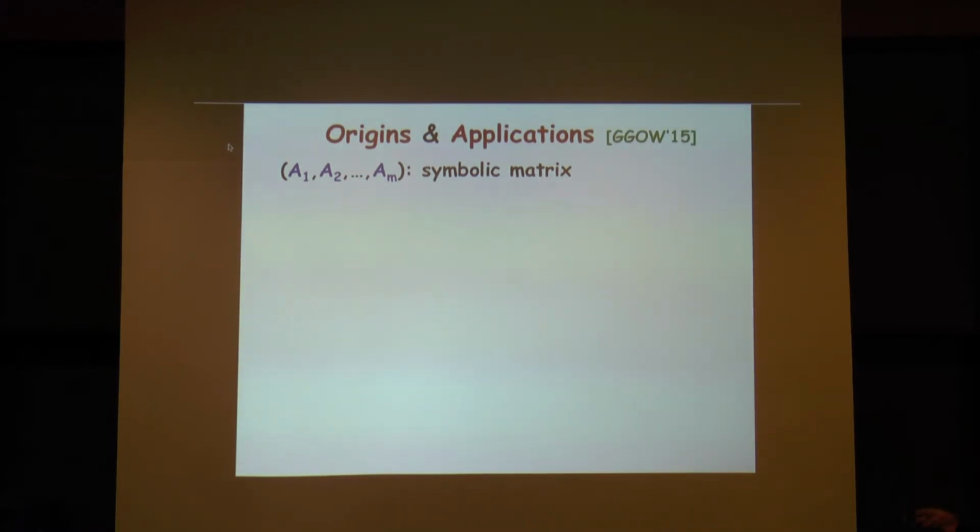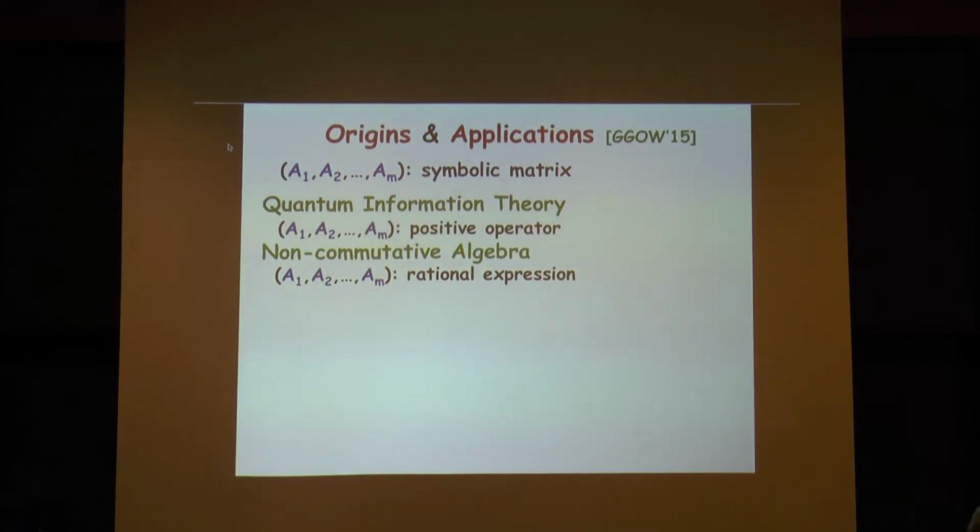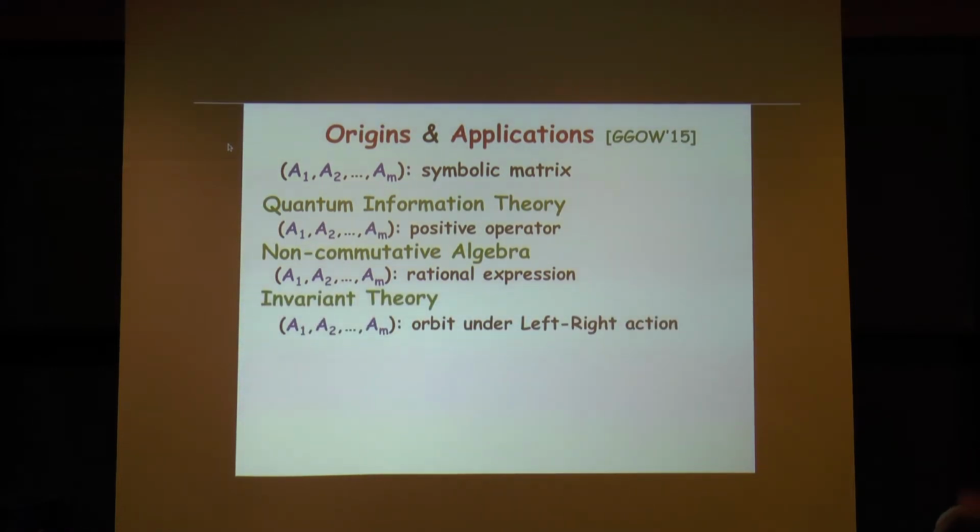So we saw it as a symbolic matrix. We saw it as a positive operator. In non-commutative algebra, it turns out to capture rational expressions, formulas. In invariant theory, it turns out to capture orbits in certain group actions. I'll talk about this, I think.